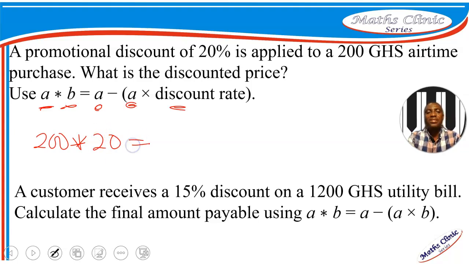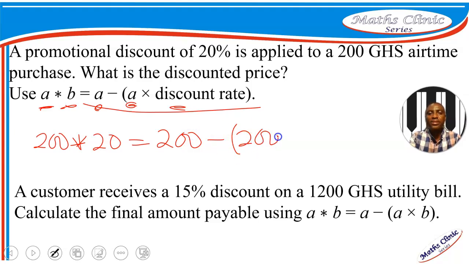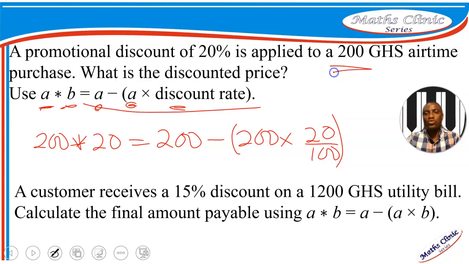So it means that if you go by the definition of the binary operation here, it means keep your first number minus your first number again times the discount rate, which is 20%. And that can be done this way. And once again, you can simplify this, and that will give you the answer for the discount that you are supposed to receive for purchasing an item worth 200 cedis with a discount of 20%.